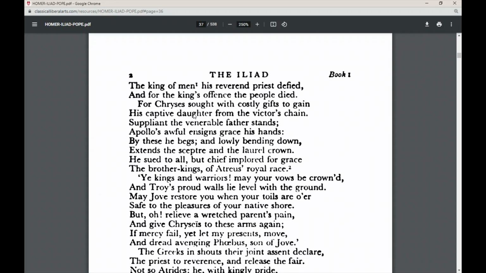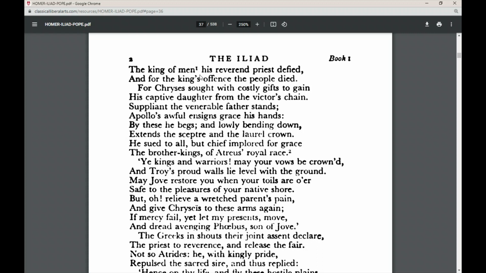The king of men, his reverend priest defied, and for the king's offense the people died. The king of men is another rhetorical figure, being an exaggeration, the whole for a part.